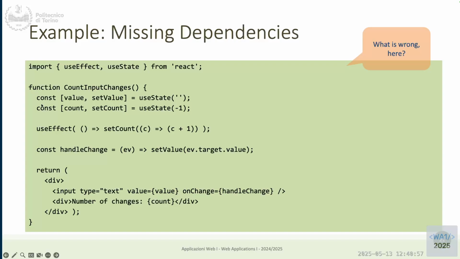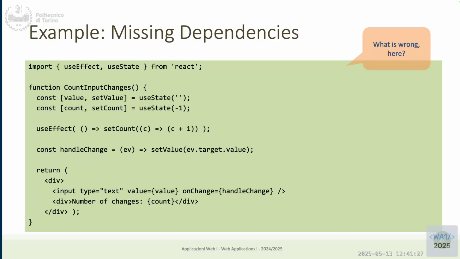Why? Because after setCount is called, count is changed. Count is a state, and so if count goes from 0 to 1, I schedule a re-render of the component. Scheduling a re-render causes the effect to run a second time.